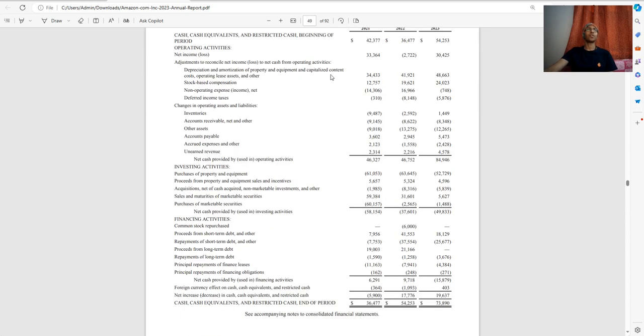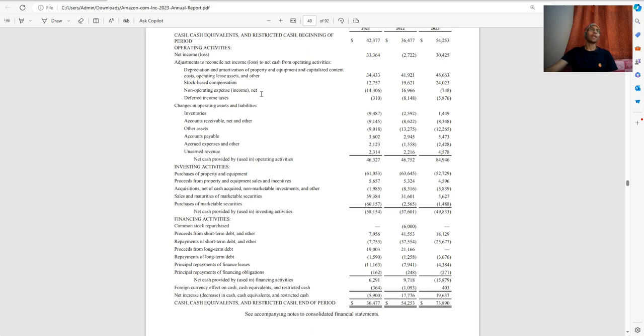Depreciation and amortization. This is basically a non-cash item. This is not a cash transaction that has happened, so this is added back. Then stock-based compensation. These are not cash outflows, so they are added back. These are basically stock-based payments that have been made to the employees or any other investor maybe.